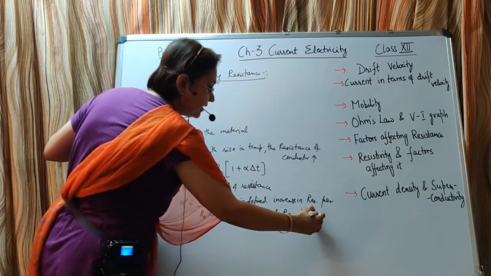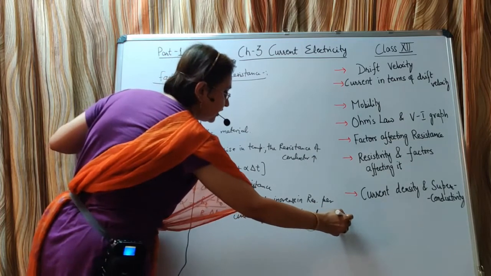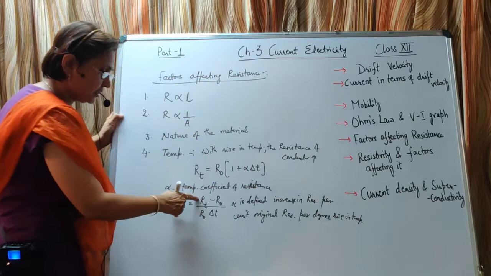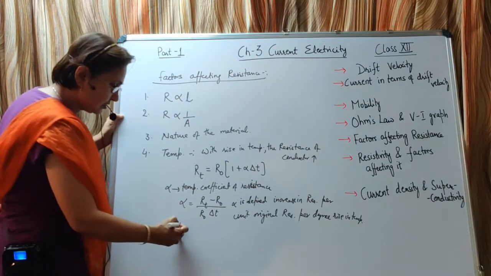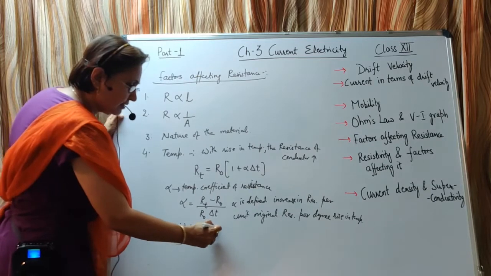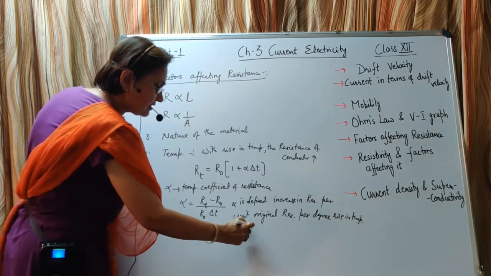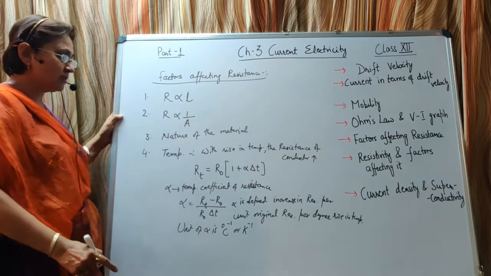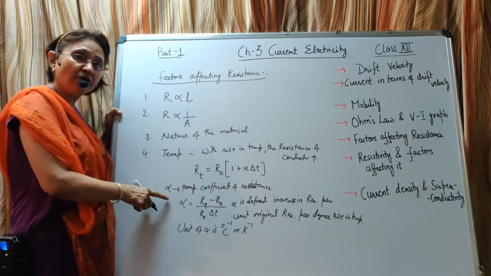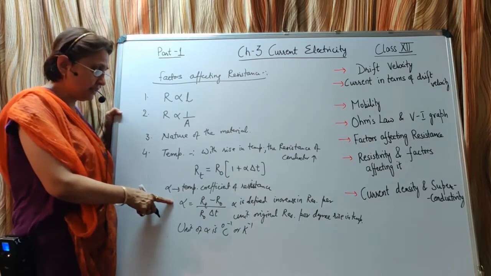What will be its unit? Its unit is degrees Celsius inverse, or in the SI system it will be Kelvin inverse. That is, with a 1 degree rise in temperature, how much the resistance of the conductor increases.